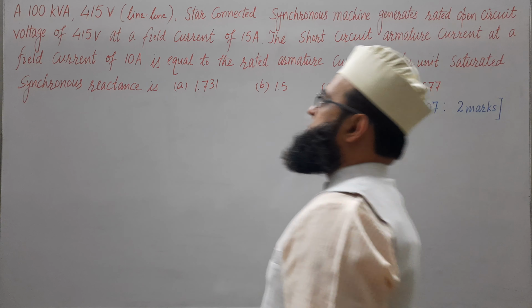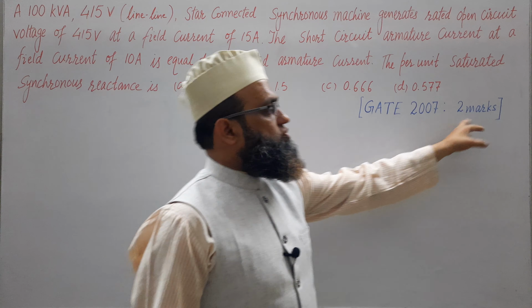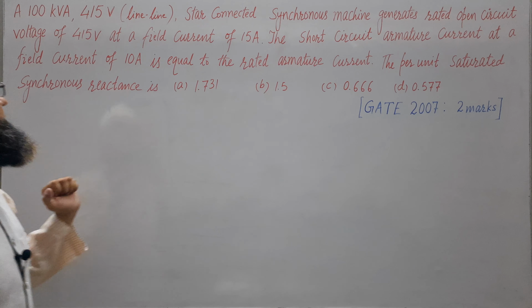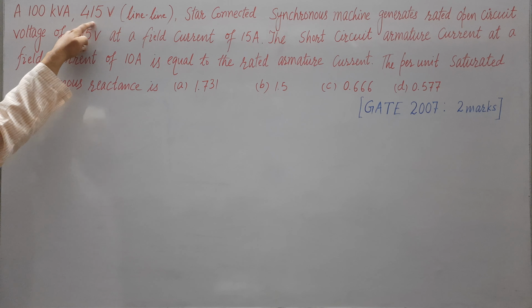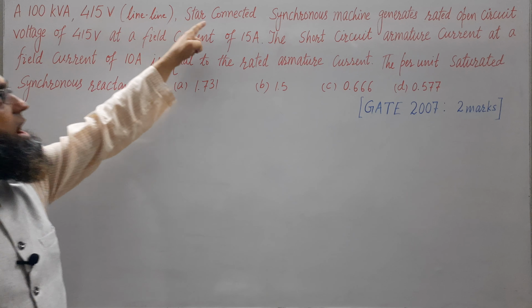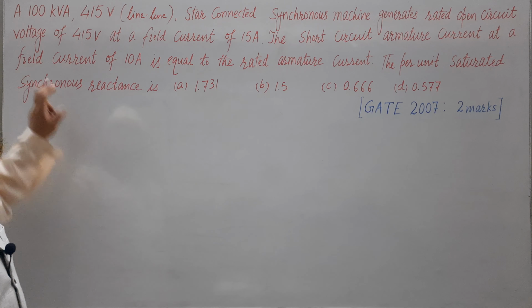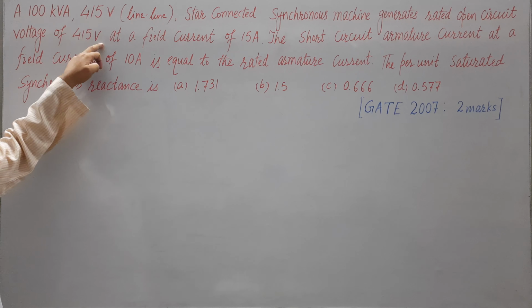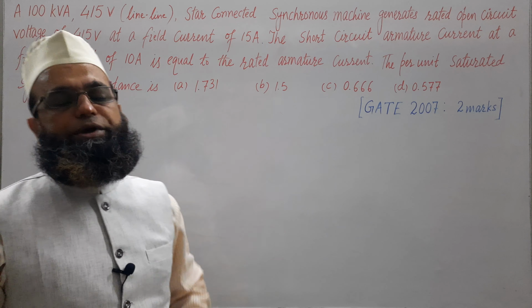Now we are going to solve this problem. This problem was asked in GATE 2007 of 2 marks. It states that a 100 kVA 415 volt line to line, star connected synchronous machine generates rated open circuit voltage of 415 volt at a field current of 15 ampere.